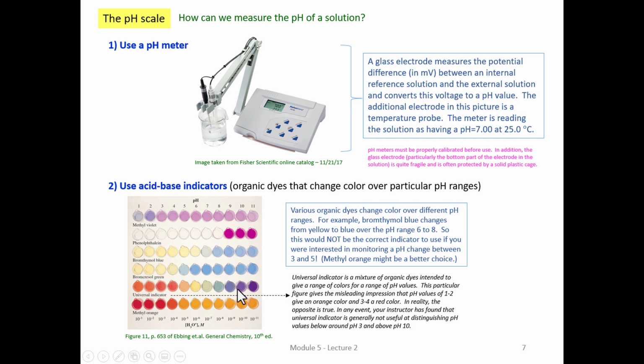An interesting thing about this figure is that I don't recall universal indicator being orange at pH 1 and 2. From my experience in the lab, below about pH 4 or 3, it just stays red and then turns orange and then a little higher orange and then yellow. So these are two ways that pH can be measured.